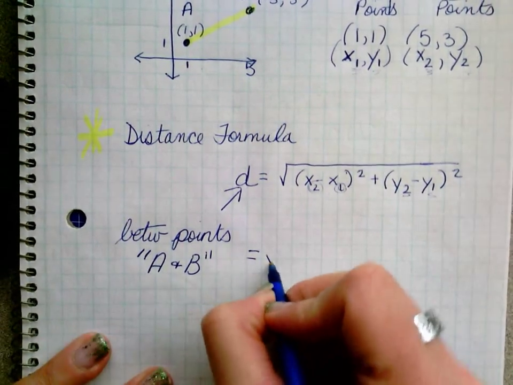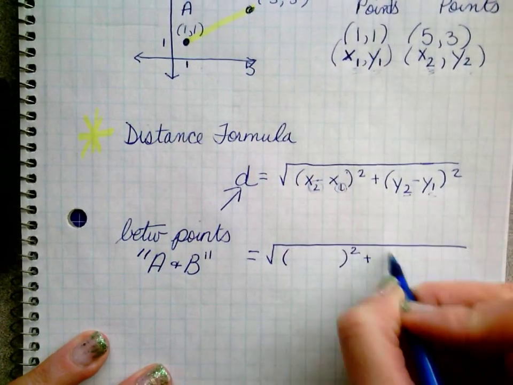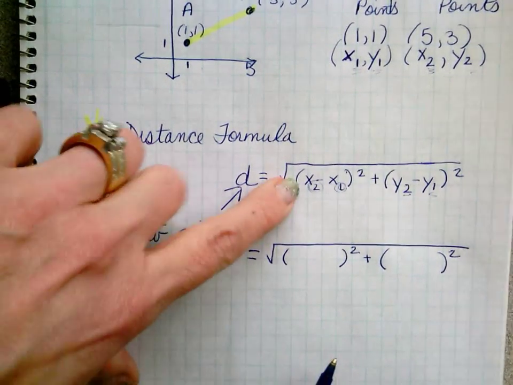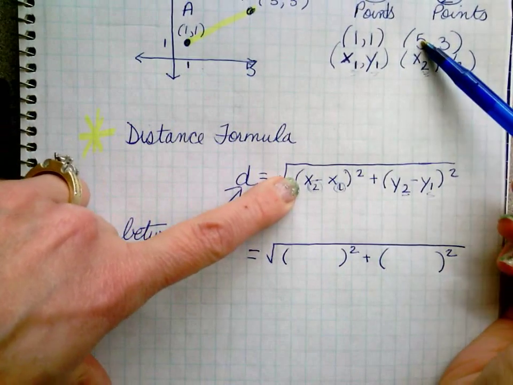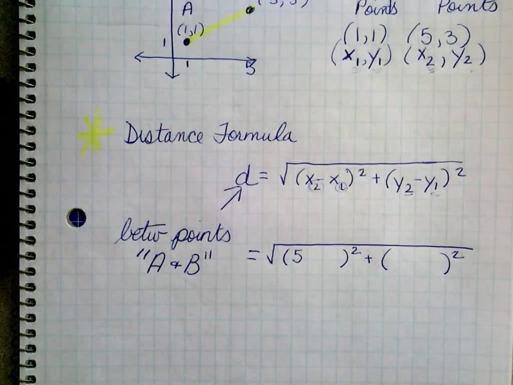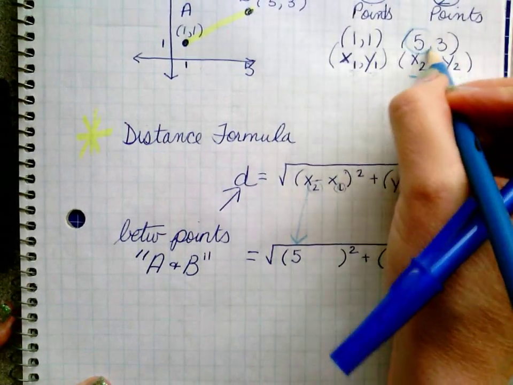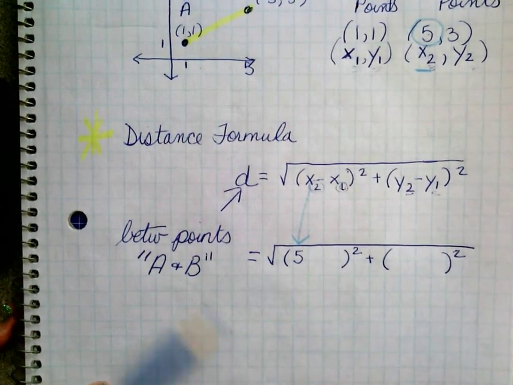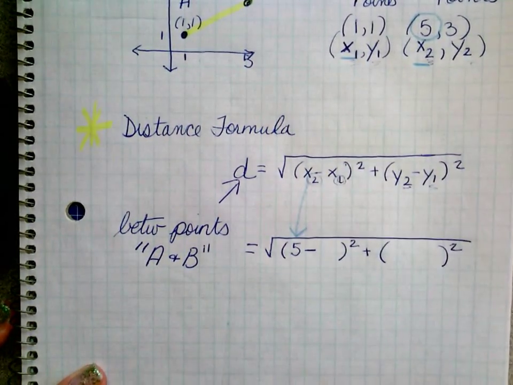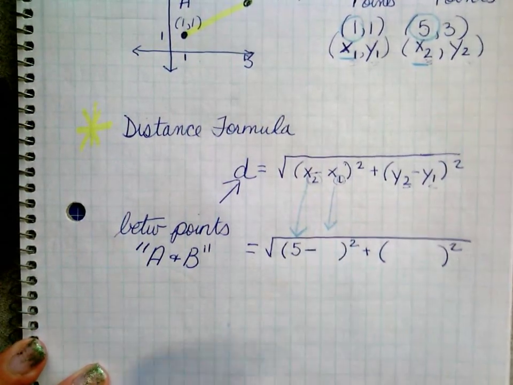Equals square root of parentheses, parentheses squared plus, please build your charts like this. So, my x sub 2 point, which is the 5, is going to go right here. Everybody see that? Okay, minus my x sub 1 point, which is the 1, is going to go here.